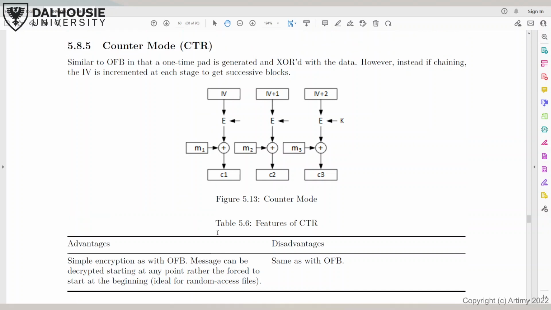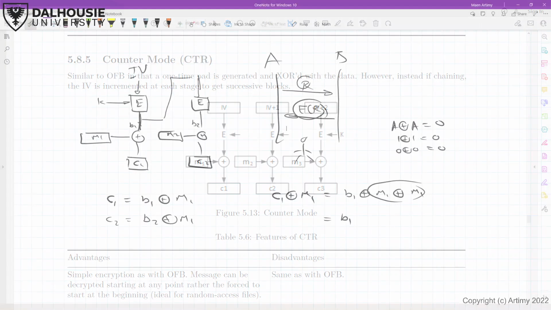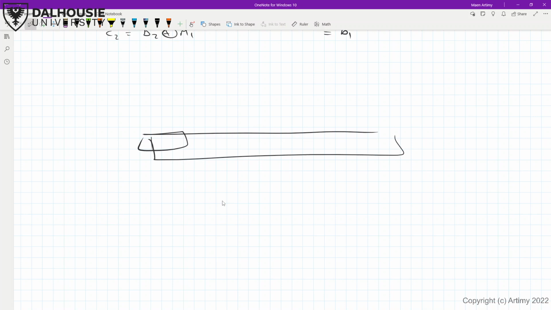So here, this is good for random access files. Why? Well, imagine I have a long file or series of files, and I don't really want to read everything from the beginning, right? In all the previous techniques, I'm assuming that I'm sending a file and I have to encrypt it from the beginning to the end, and when I decrypt it, from the beginning to the end, right?